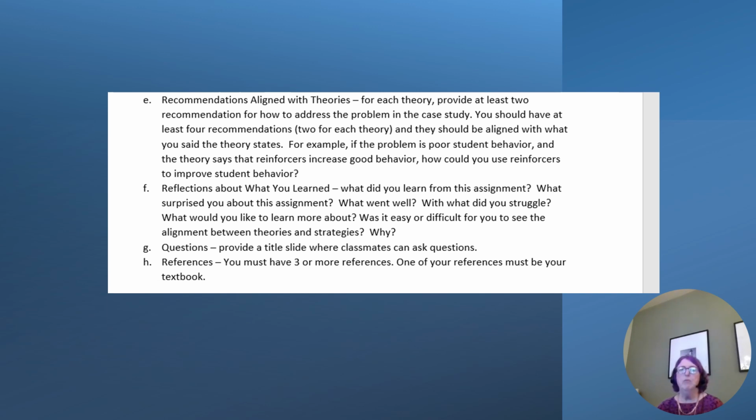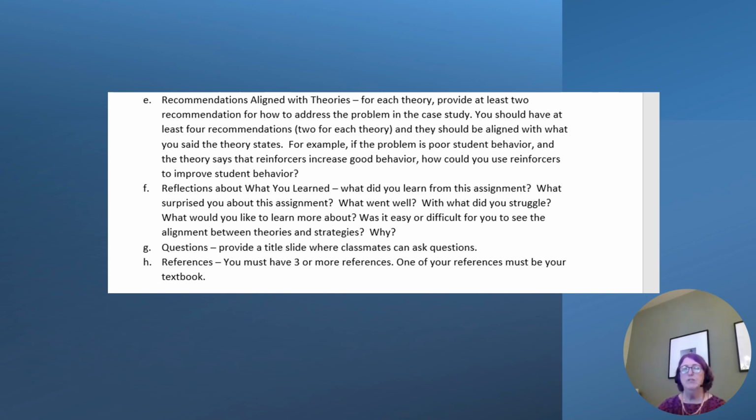Next, you should make recommendations as if you were advising the teacher. And these recommendations should be aligned with the theories. How many recommendations should you have? For each theory, at least 2 recommendations for how to address the problem. So therefore, you're going to have 4 recommendations in all, 2 for each of the 2 theories.